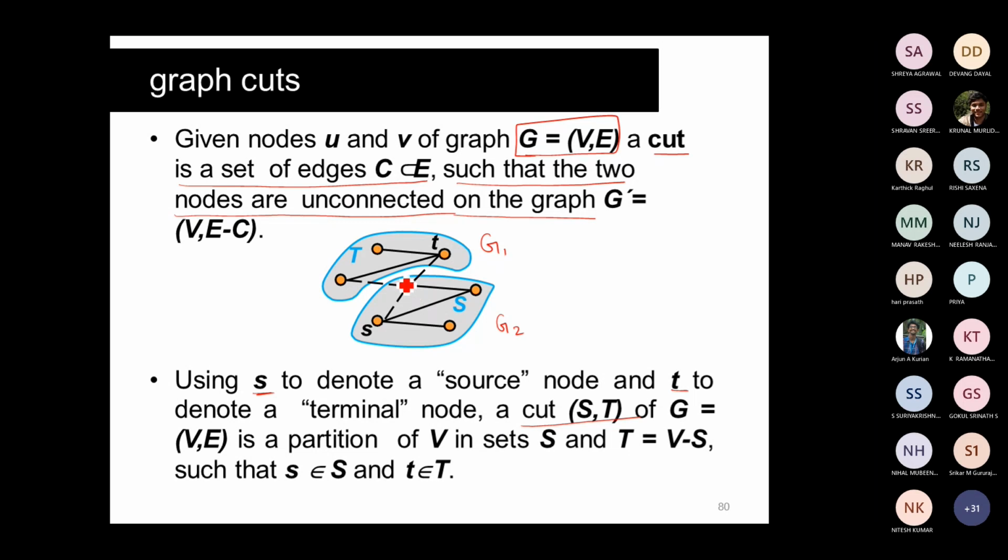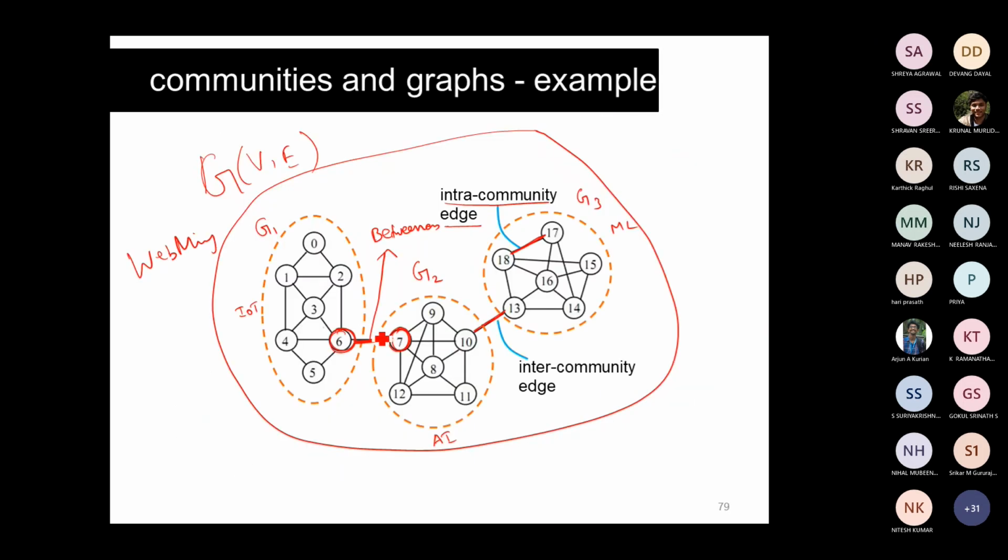This will cut the entire graph into two different partitions. That is called a graph cut. In other terms, if I remove this edge, what will happen? G1 and G2 will become divided into two different partitions. If I remove this particular edge between 10 and 13, it will divide into G1, G2 and G3.